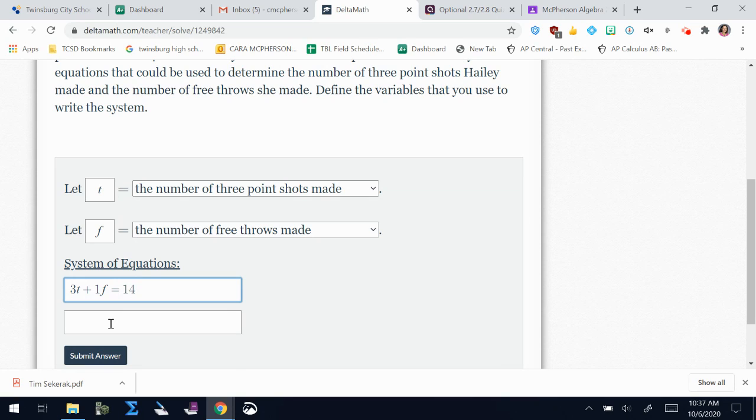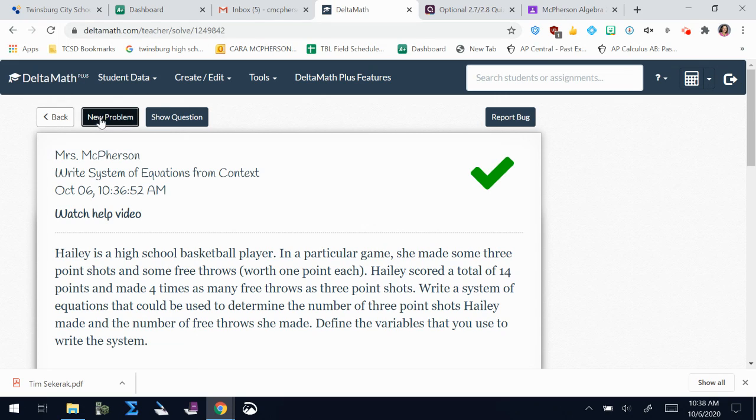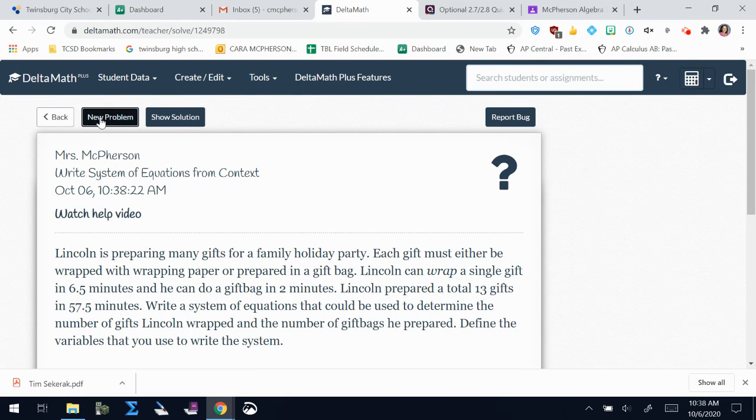So that means my free throws is 4 times as many as my 3-pointers. I'm actually going to write it the way I say it. When I say the word is, I'm going to put an equal sign. So my free throws were 4 times as big as my 3-pointers. Those are my two equations. And I'm done.